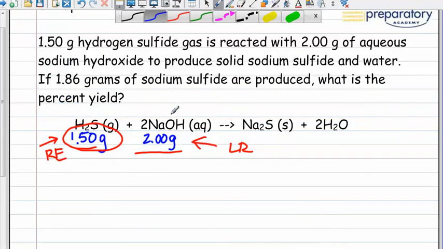So now that we know what our limiting reagent is, let's go ahead and calculate our theoretical yield. And the product that we're looking for is our solid sodium sulfide.